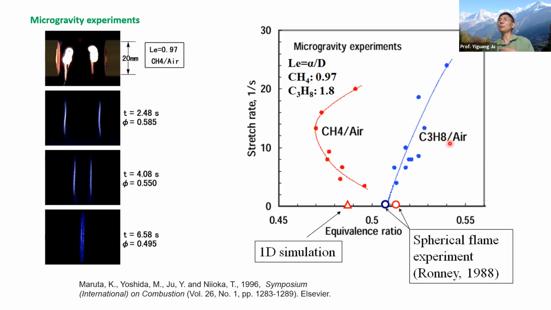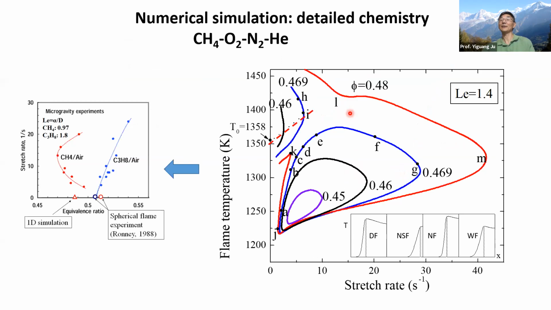So why can a stretched flame of a propane-air mixture be linearly extrapolated to the burning limit of a planar flame, while methane cannot? This is the question. I was very curious about this, and later I plotted this figure.